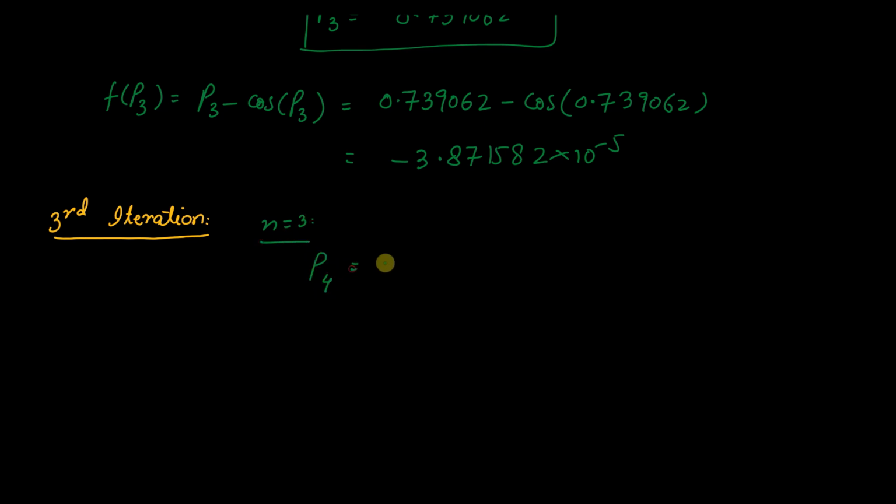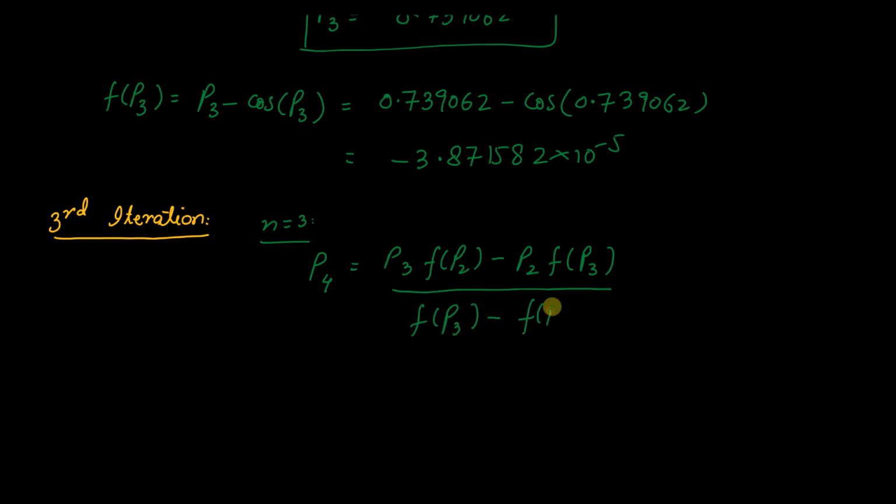So the customized formula will become P4 equals P3 f of P2 minus P2 f of P3, divided by f of P3 minus f of P2.